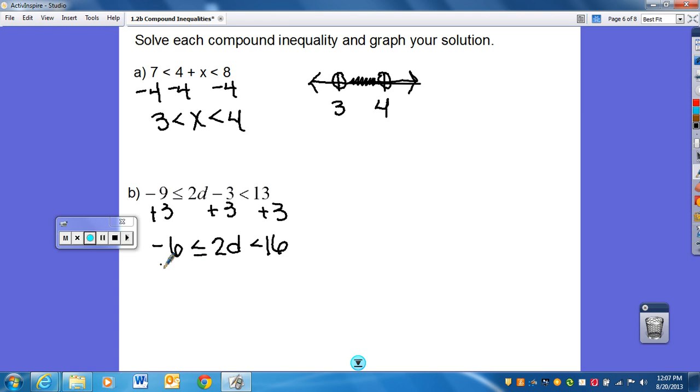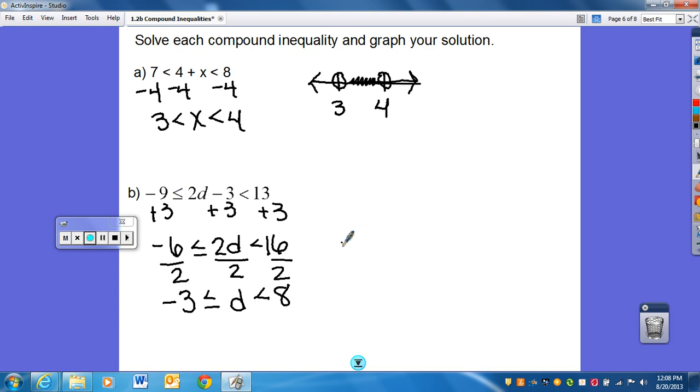And now I need to do the opposite operation to get d by itself. I'm going to divide all 3 pieces by 2. So I have negative 3. I'm going to keep the symbol because I didn't divide by a negative number, is less than 8.